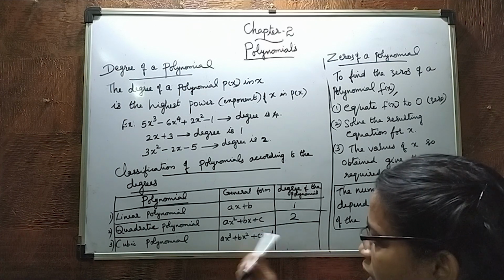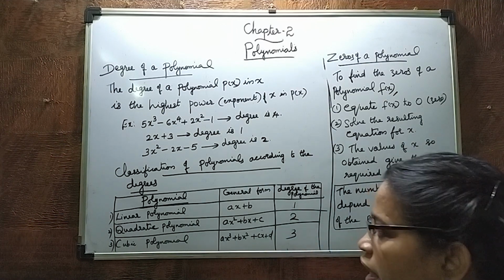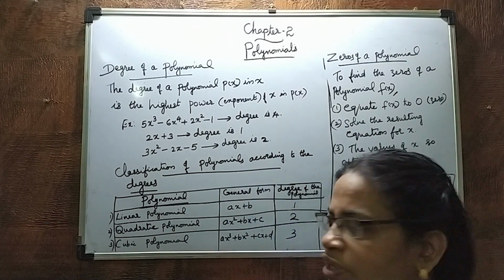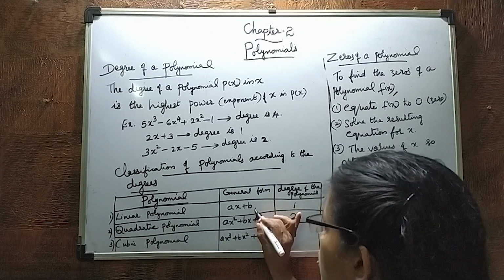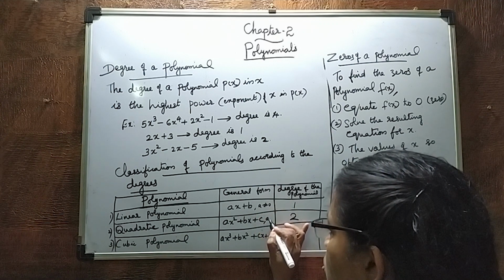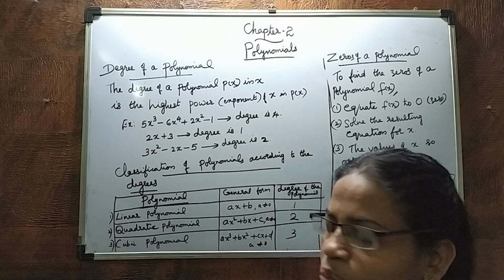And the highest degree you can find out is 3. Now look, instead of a and b, you can write any numbers. Here a should not be equal to 0. Here also a should not be equal to 0.